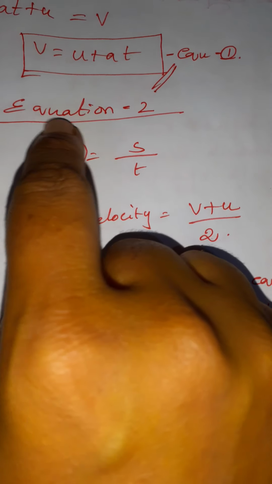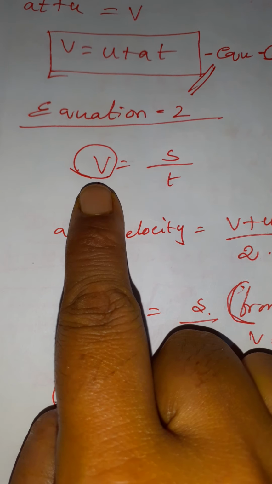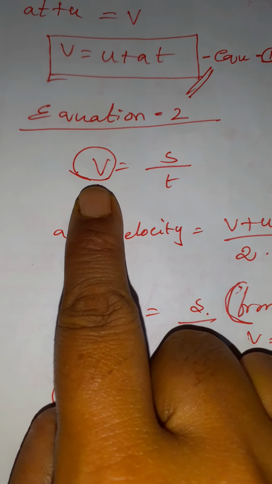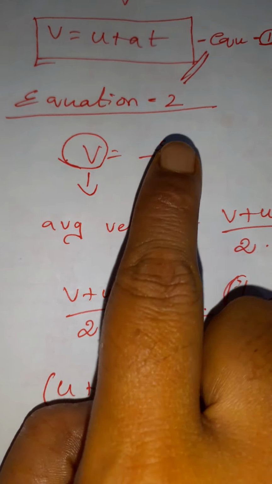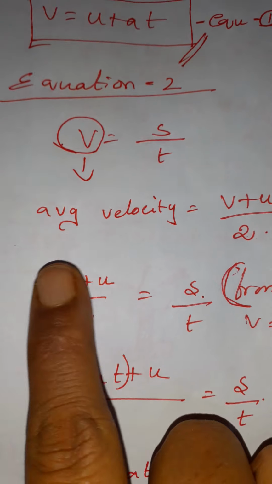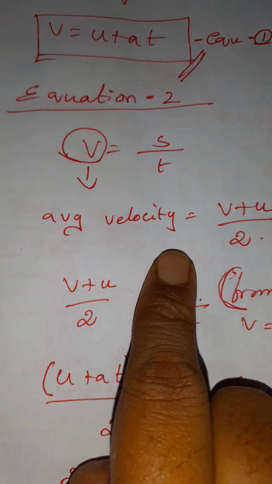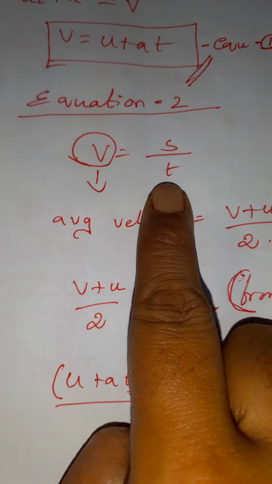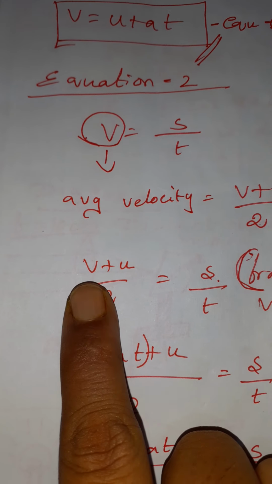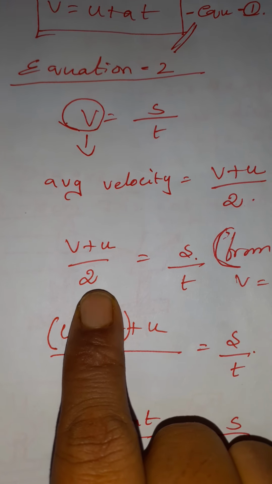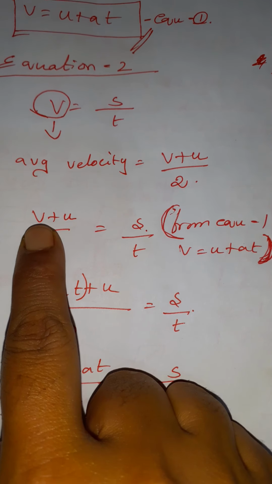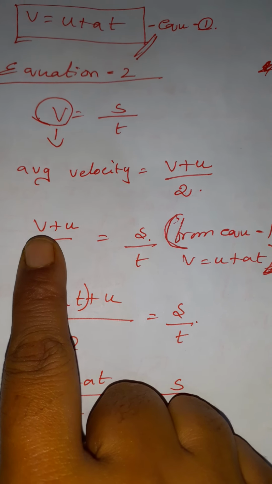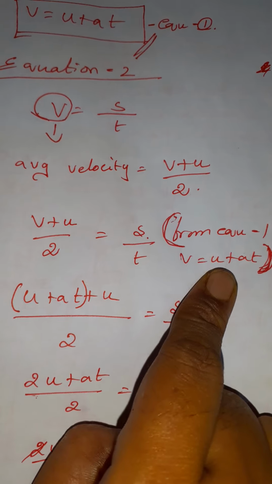Once again I will be saying the equation 2. The first equation we started with the acceleration. The second equation we have to start with the velocity. Velocity is equal to displacement by time. Average velocity is also equal to displacement by time. Average velocity, initial velocity plus final velocity by 2 is equal to displacement by time. So for V we are using the first equation, V is equal to U plus AT.